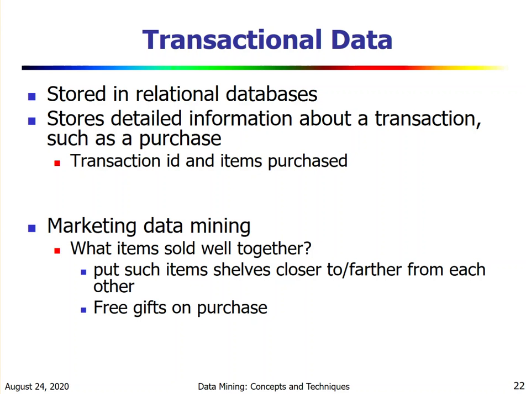A typical use of transactional data for mining is to do marketing data mining. What items are being sold well together? So this is association rule mining. I think we're going to cover this in maybe chapter 6. So this can be applied for the mining.